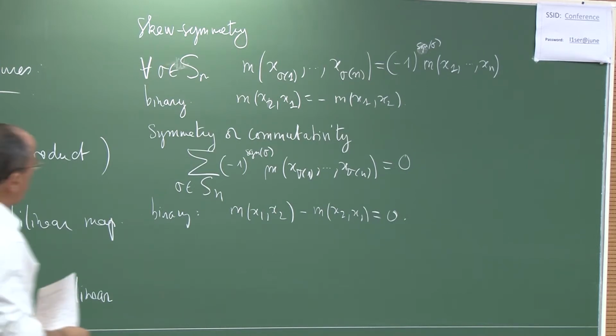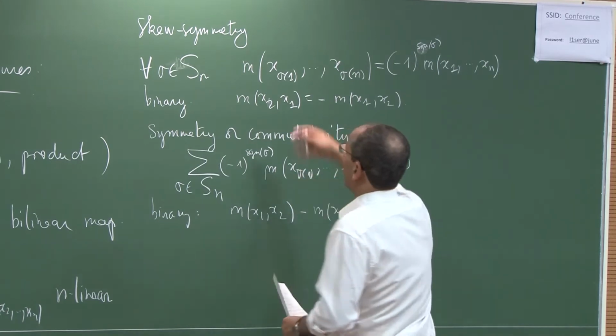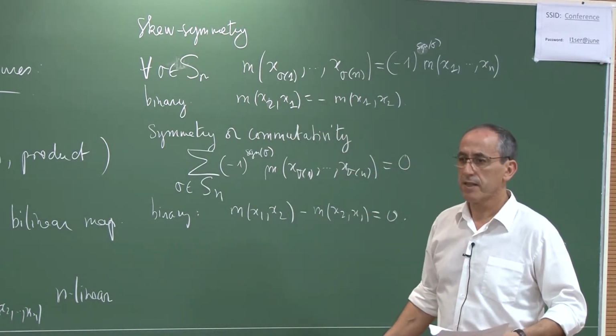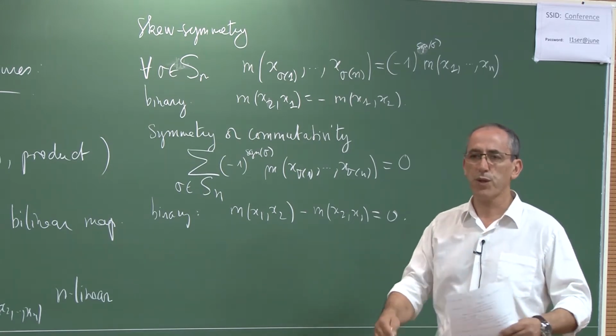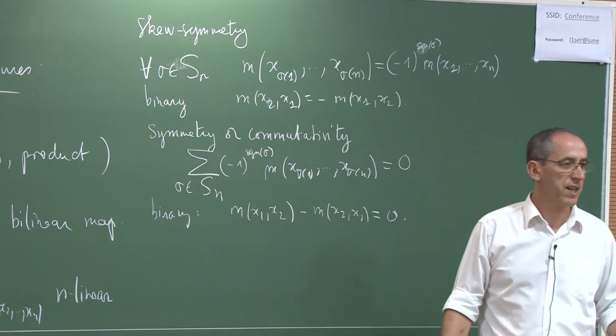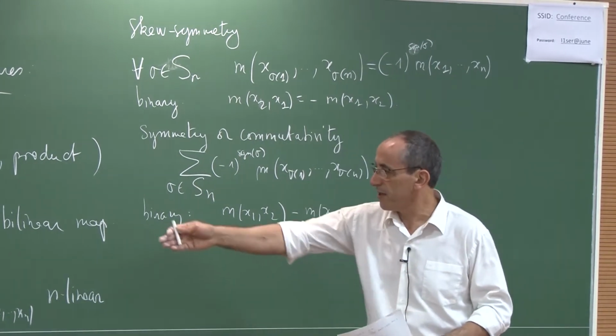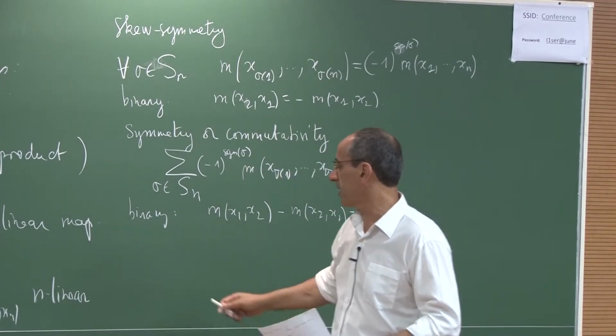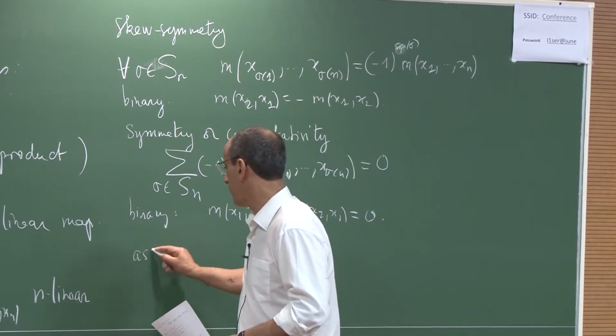Now, what kind of algebra can we have? Usually we also assume some axioms. In this world of what we call non-associative algebra, we also include associative algebra. The first structure we have seen, which is very important, is associative algebra.